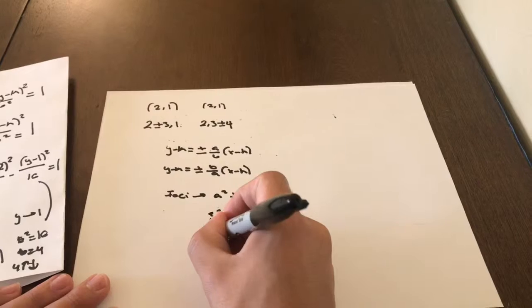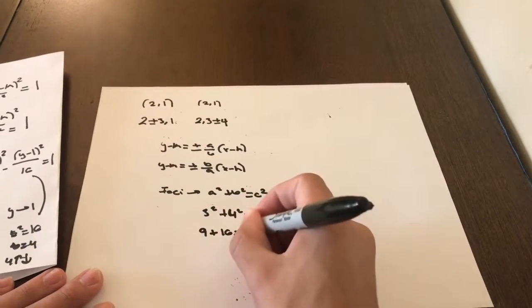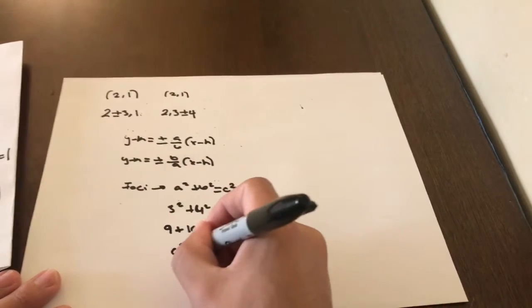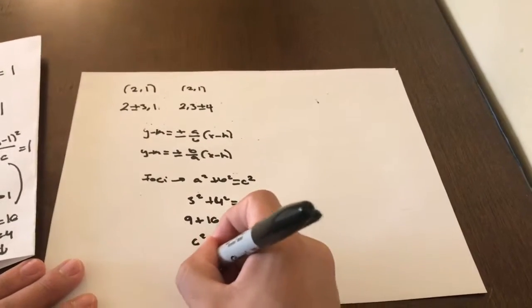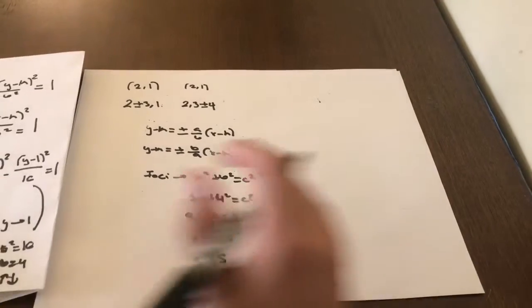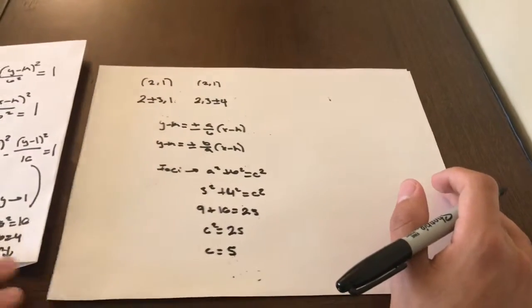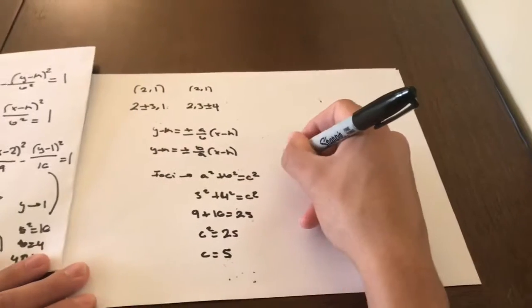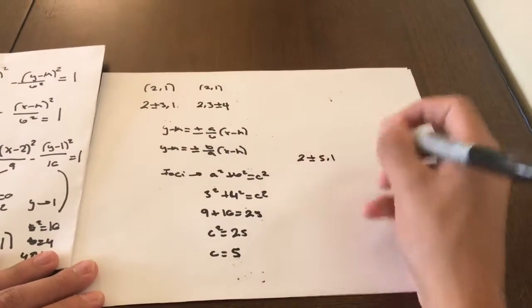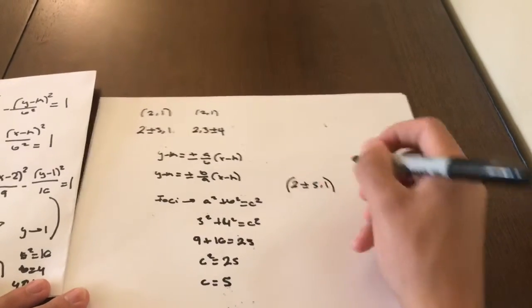So 9 plus 16 equals 25. C squared equals 25, c equals 5. So that's your c value, excuse me. To find your foci, just do this: (2 plus or minus 5, 1). And that's your foci.